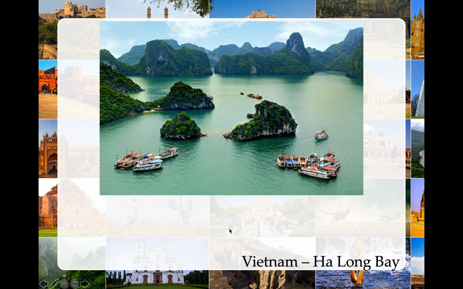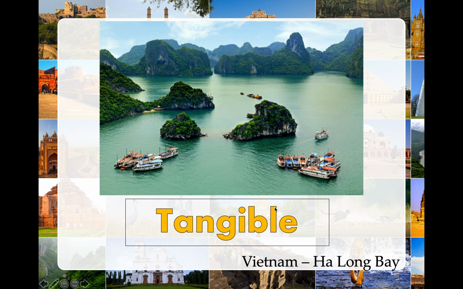Here is the beautiful Ha Long Bay in Vietnam. Can this be touched? Is this tangible or intangible? Let's think about it. Yes, it is tangible. You can go on the water with boats, you can touch the water, and you can even touch the little rocks and mountains around it.